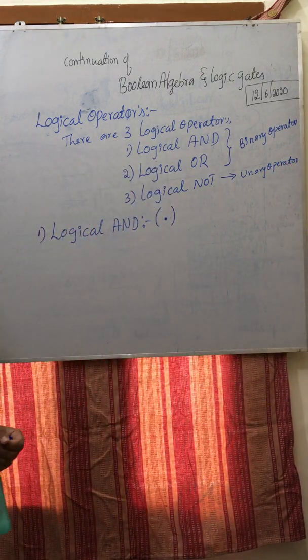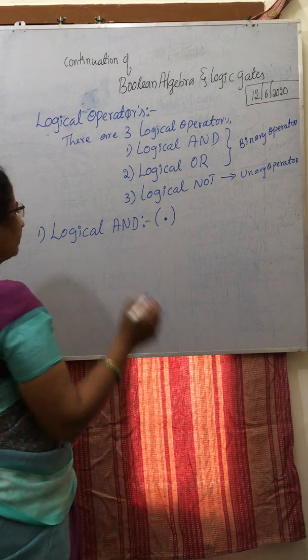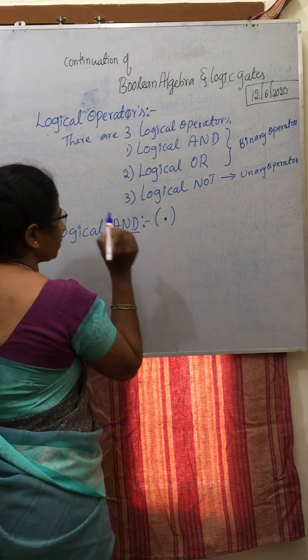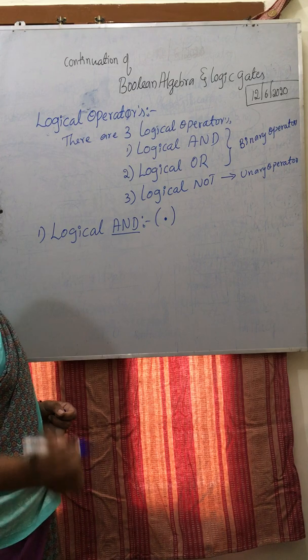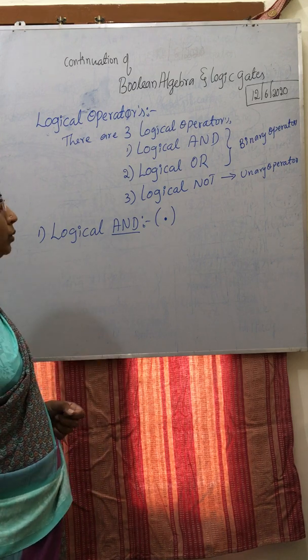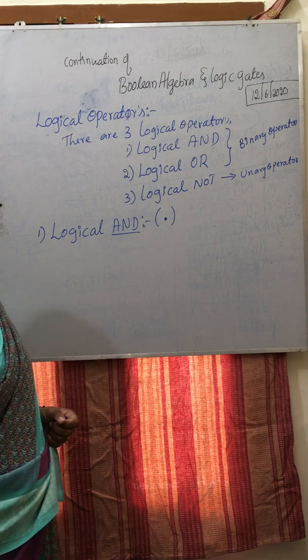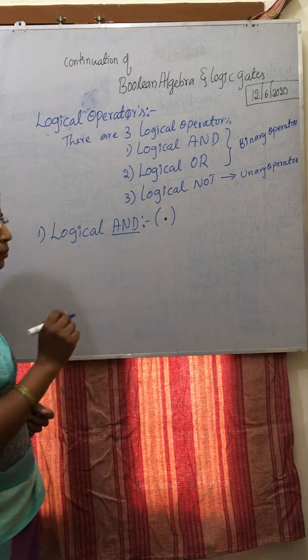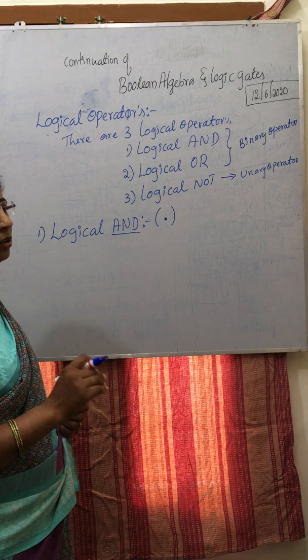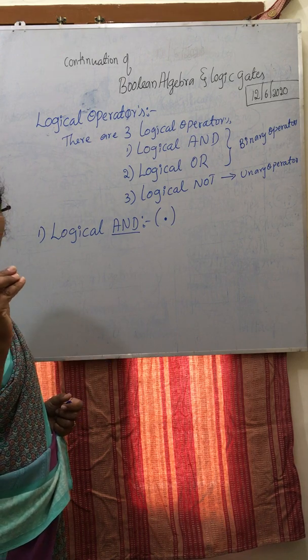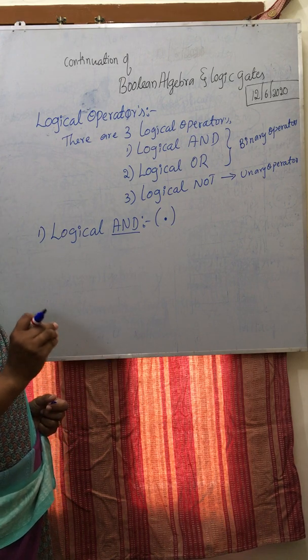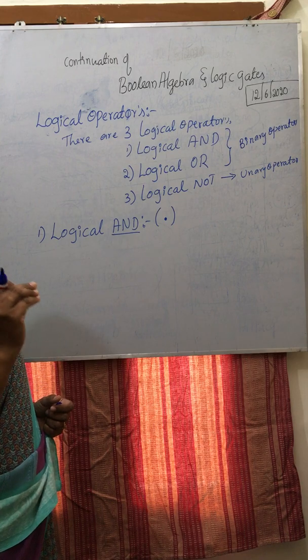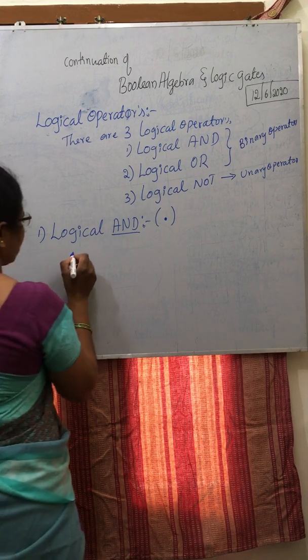What is a binary operator? It performs operation on a minimum of two input symbols. That means it performs operation on two or more inputs.